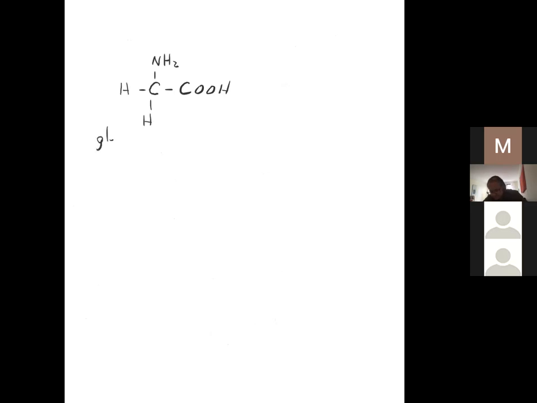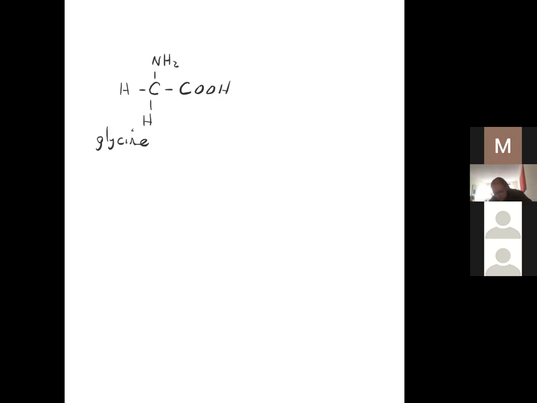This compound is called glycine. Glycine is an amino acid. It's a building block of proteins. And it has 4 elements in it. It has carbon, it has oxygen, it has hydrogen, and it has nitrogen.